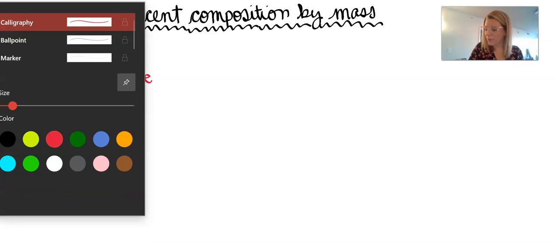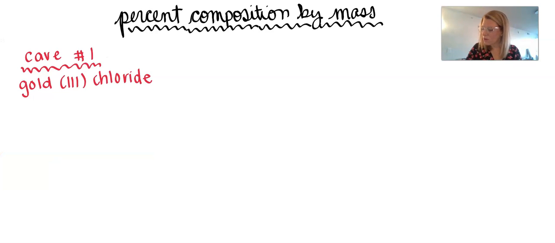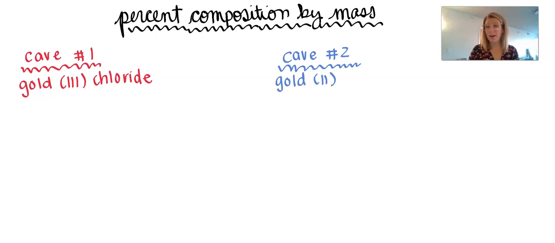And in cave number 2, we find that the sample is gold 2 oxide. Now remember, gold requires the use of Roman numerals because it is a transition metal that contains multiple oxidation states or multiple charges. So we have gold 3 chloride and gold 2 oxide.